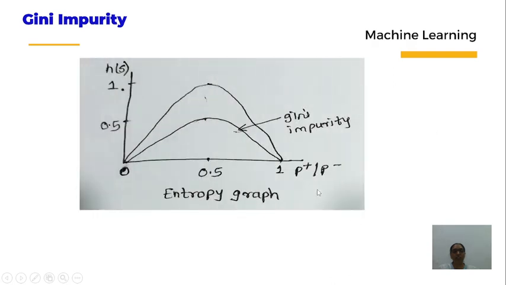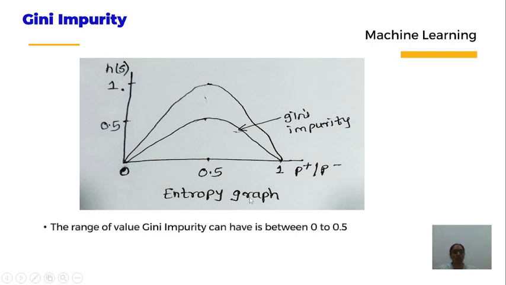Now we can see here the probability of plus and probability of minus is on the x-axis, and the Gini impurity is on the y-axis. When we are having the impure split, at that time we are getting the Gini impurity value as the maximum one, and if the probability is 1, at that time we are getting the Gini impurity value as 0.